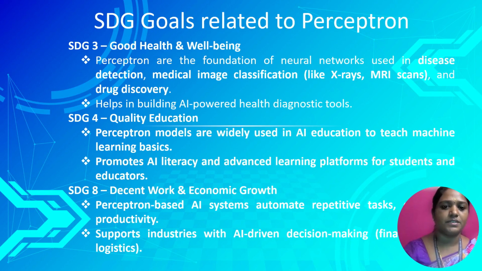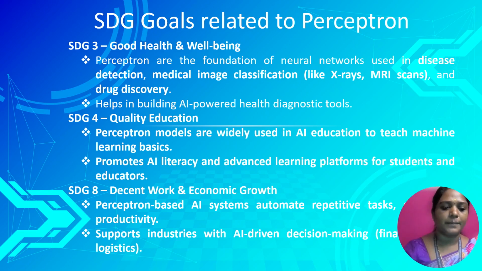Another one is SDG 4, quality education. Perceptron models are mainly used in AI education to teach machine learning basics. They also promote AI literacy and advanced learning platforms for students and educators.